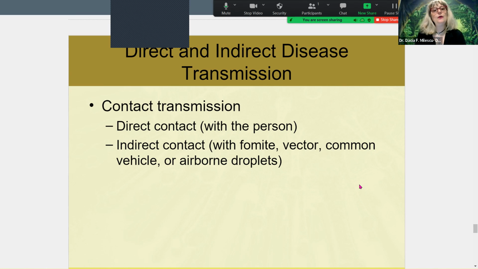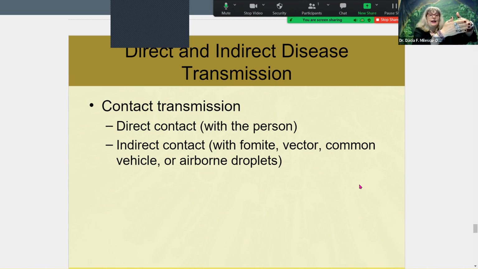Now, what about indirect contact? For example, we can have a fomite, which is this wall, my computer. All right, so these are inanimate objects. All right, a vector is something that could be transferred from a fomite to a person, or a person to a person, like bird flu, a bird.